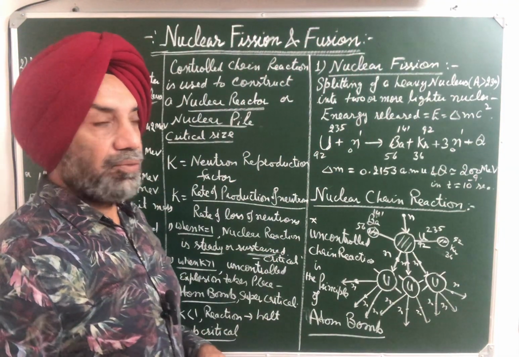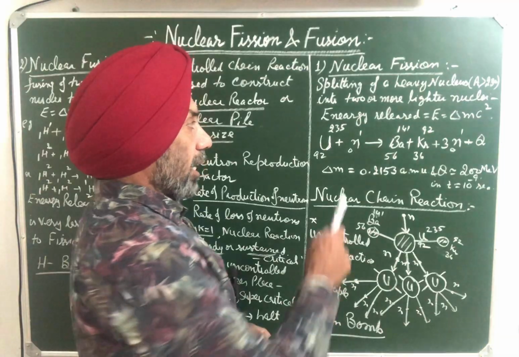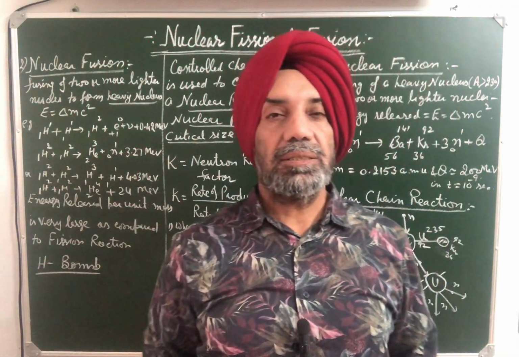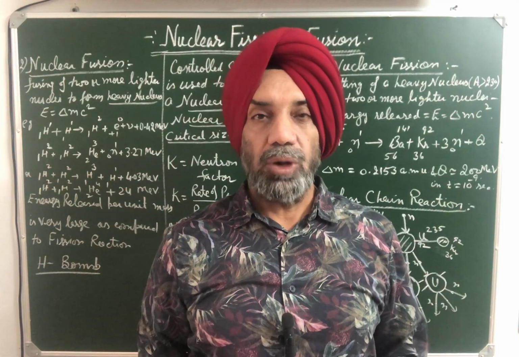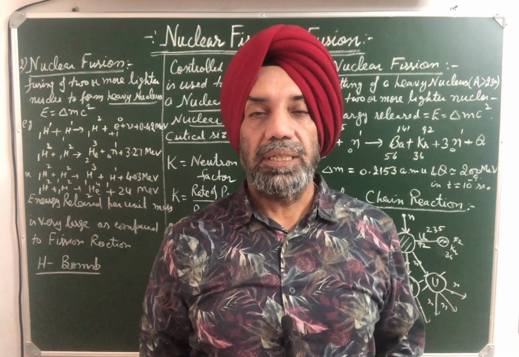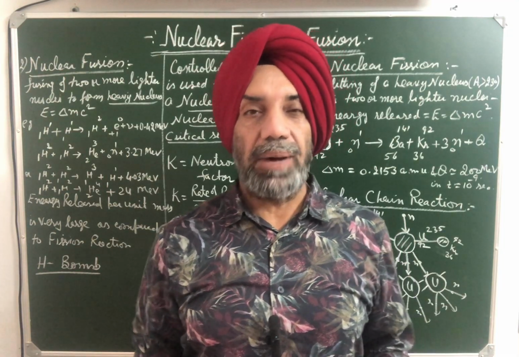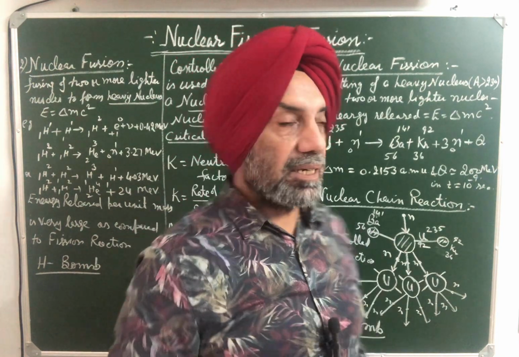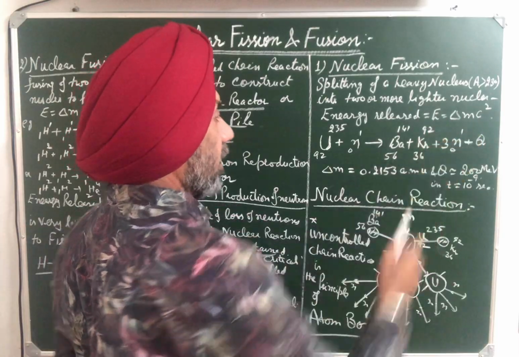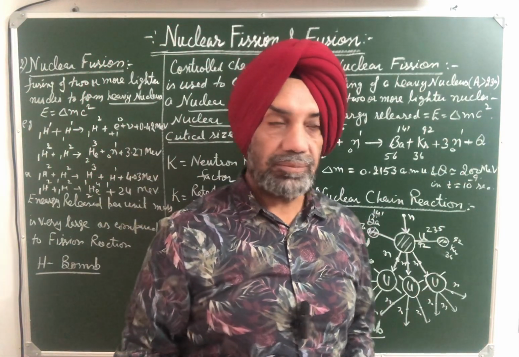nuclear fission. The total mass of the product nuclei is always less than the mass of the reactants. This difference in mass is called mass defect, and the energy released is calculated using the formula E = Δm c².